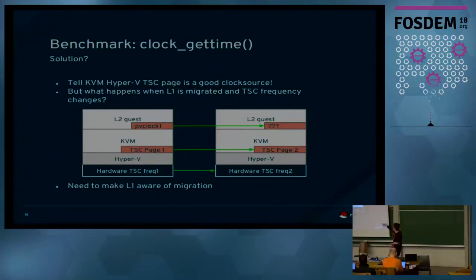So when we actually migrate, the hypervisor will update this page for us. And when we read it next time, the reading will still be correct. So we won't see it jump. We won't see it speeding up or slowing down. We will still be seeing the same clock source we saw before. And that's what we actually need in there.